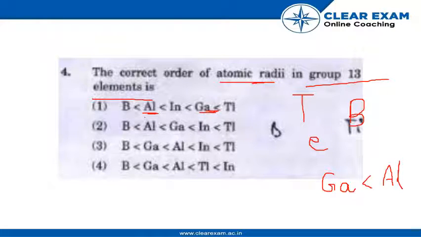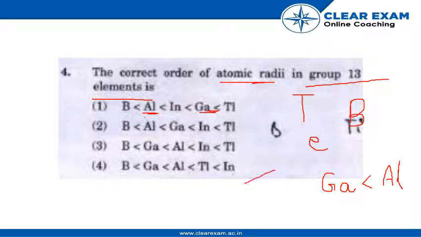That is okay. Then it is due to poor shielding of the valence electrons of gallium by the inner 3d electrons. As a result, the effective nuclear charge of gallium is somewhat greater in magnitude than that of aluminium.